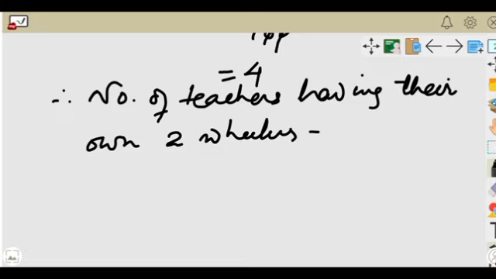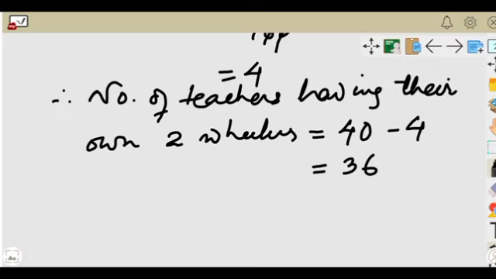two-wheelers equal to, from 40, let me subtract this number of teachers having four-wheelers. That means only 4. So we have 36. So what we clearly understand here is 36 teachers have their own two-wheelers, and only 4 teachers have own four-wheelers.